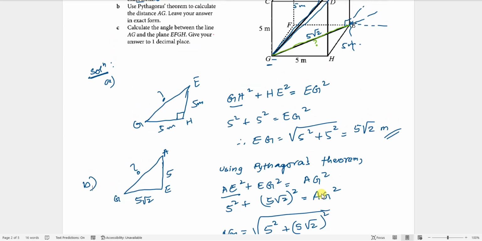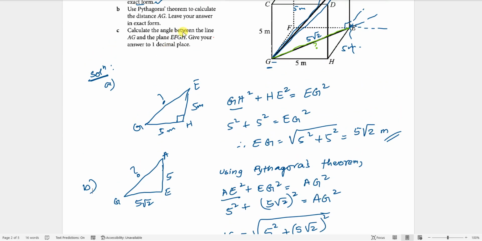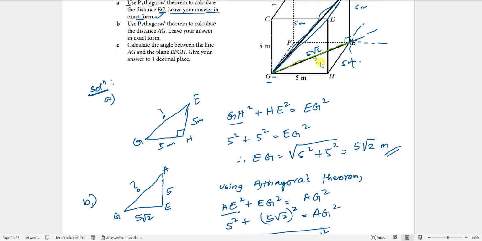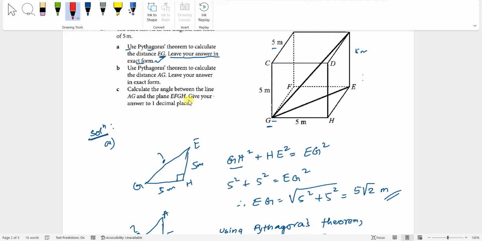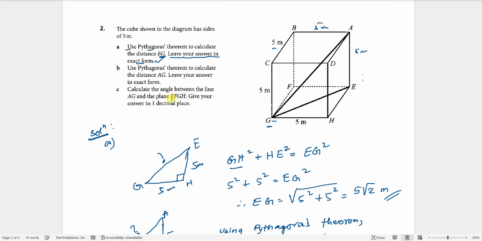Now moving to third part, calculate the angle between the line AG and the plane EFGH. I'm going to make the diagram fresh. So EFGH. Okay. Line AG.